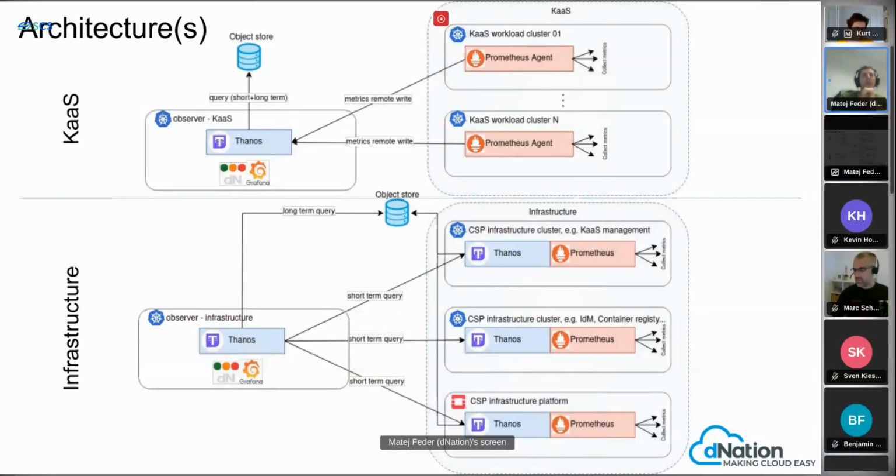In this context, cloud service providers offer Kubernetes as a service and aim to monitor the Kubernetes clusters they create for their customers. So this architecture uses remote writes, meaning that the Kubernetes clusters on the right side write metrics to the observer cluster.